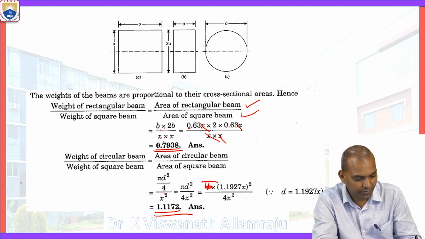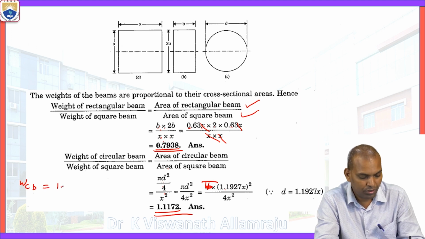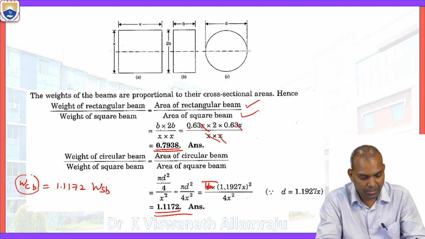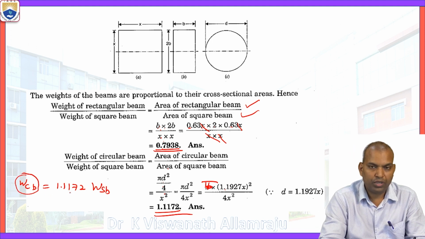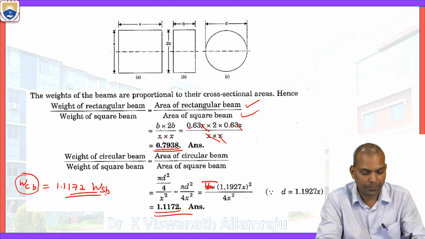That means here weight of circular beam is equal to 1.1172 times weight of square beam. So the circular beam weight is 1.1172 times more than the weight of the square beam.